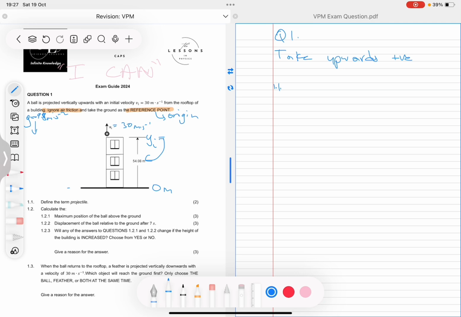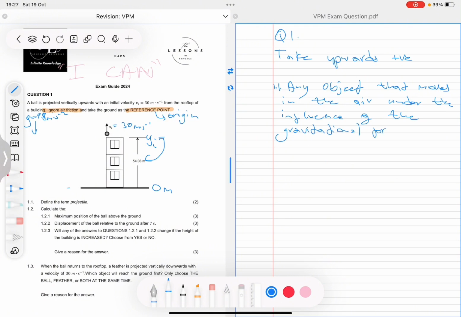A projectile is any object that moves in the air under the influence of the gravitational force alone. That's how you'll simply answer that question.